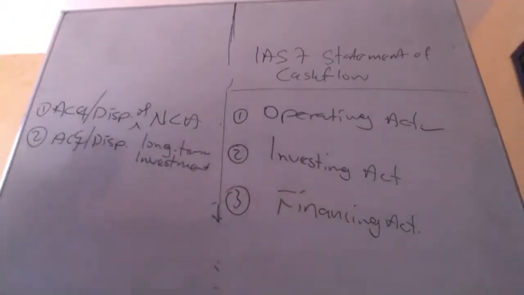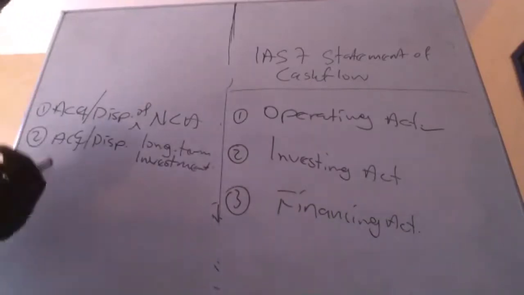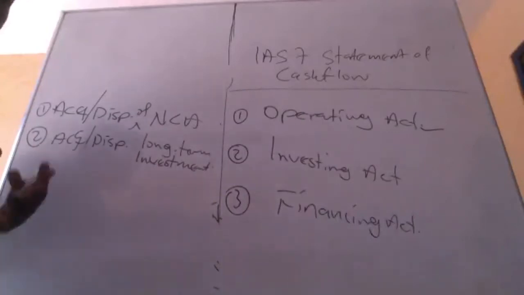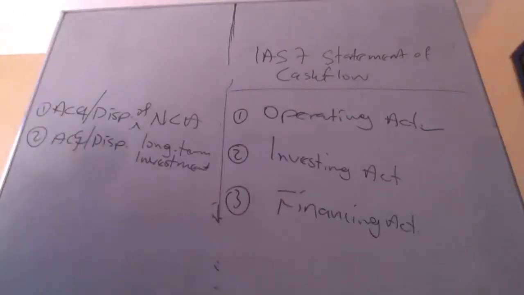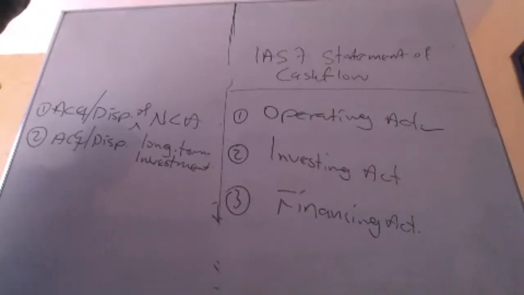So acquisition and then disposal of what? Investments. So if you have, let's say, a long-term investment during the year, you dispose parts. Yes, it's an investing activity. And then you acquire more investment during the year. You invested more. Now this is an investing activity.